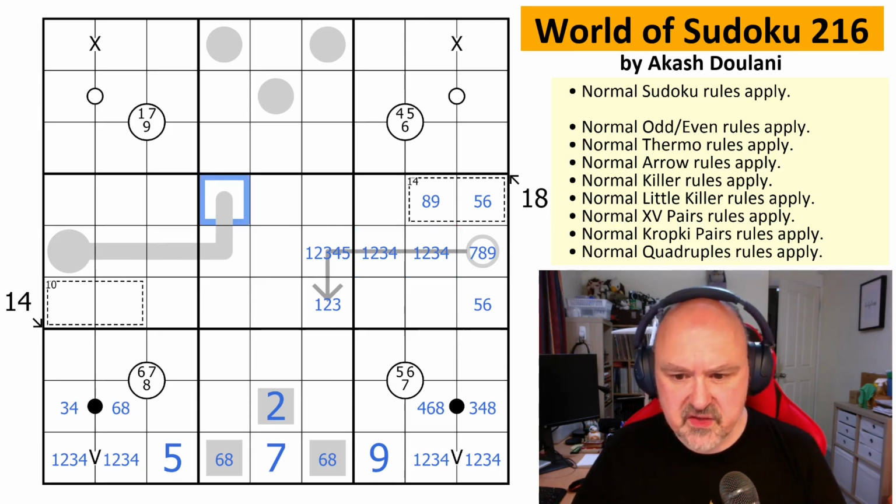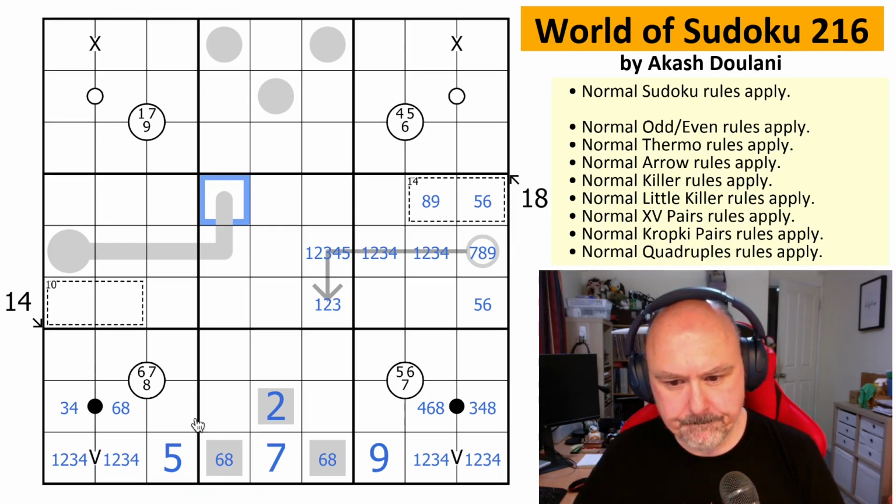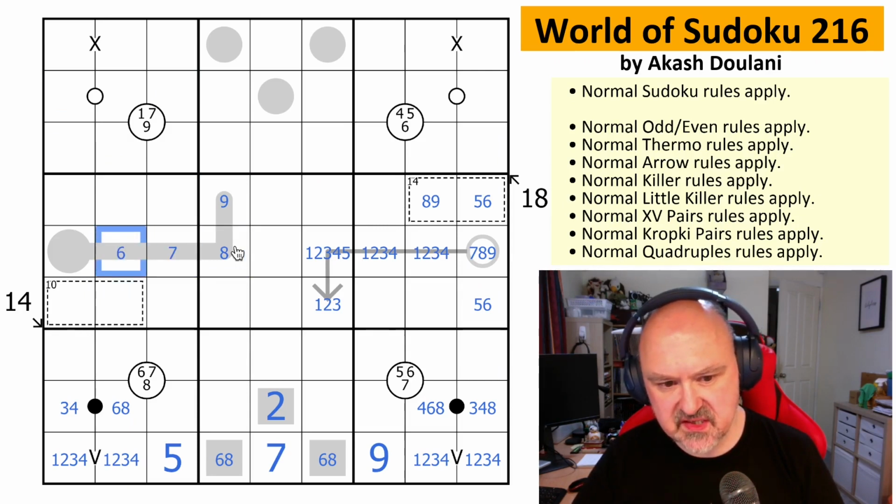Do I want to mark this thermo? Maybe. Maximum there is 9, maximum there is 8, maximum there is 7, 6, and 5.